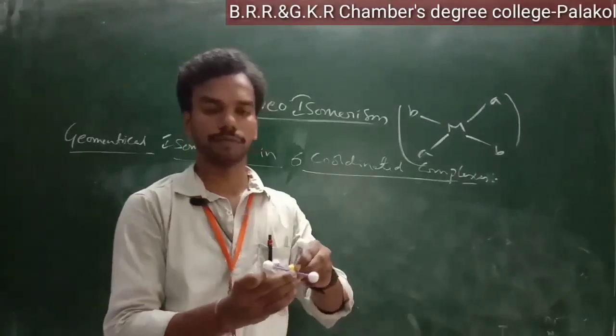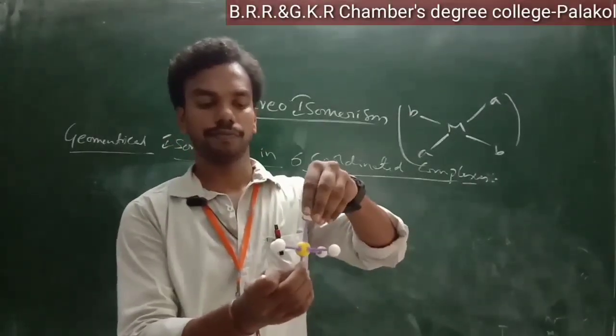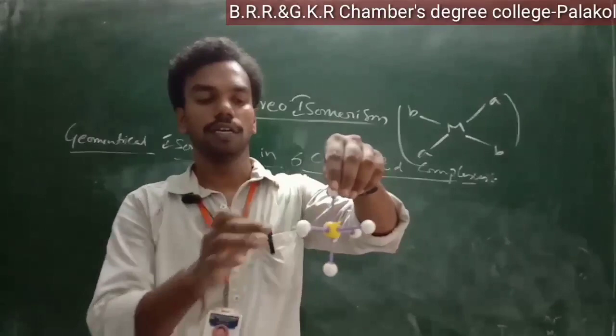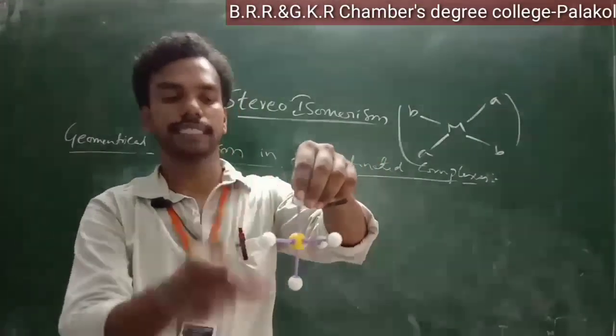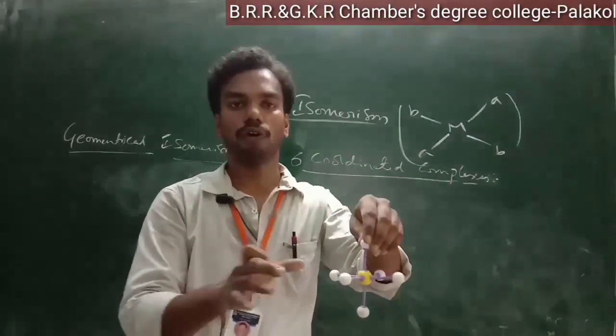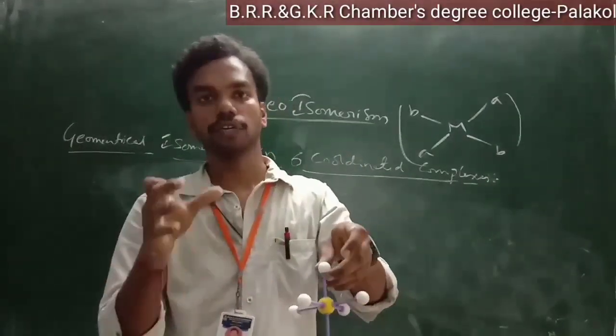This is the structure of an octahedron. Here along the x-axis 2 ligands, along the y-axis 2 ligands, along the z-axis 2 ligands. Octa means 8, hedron means faces.